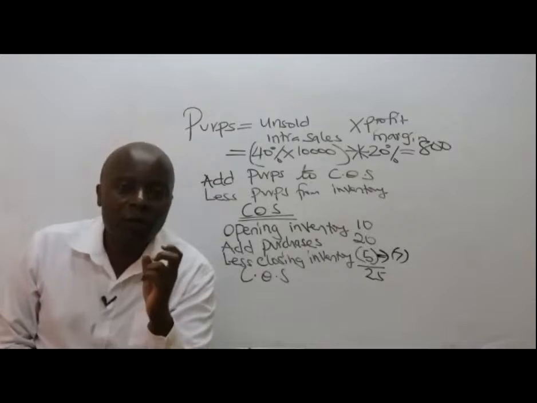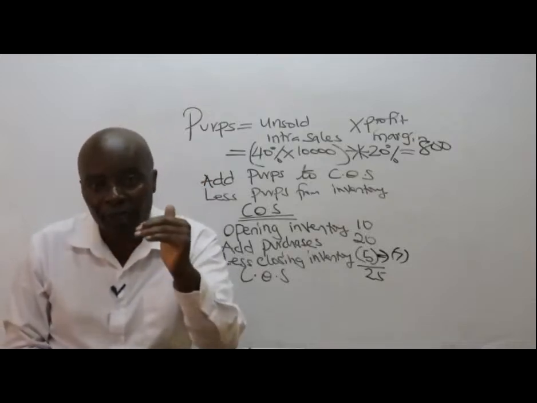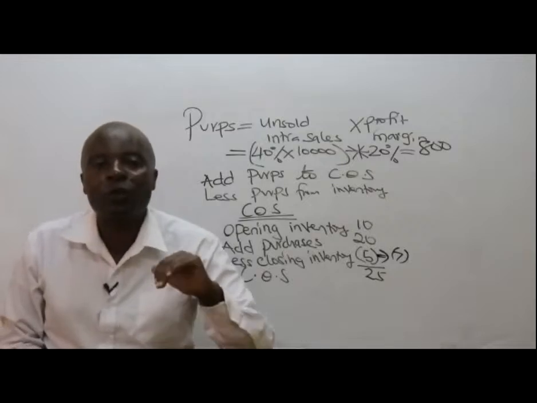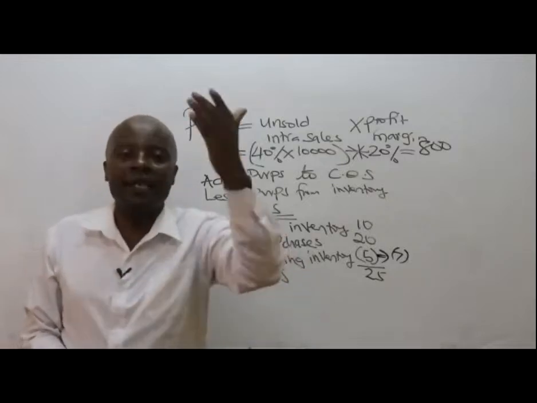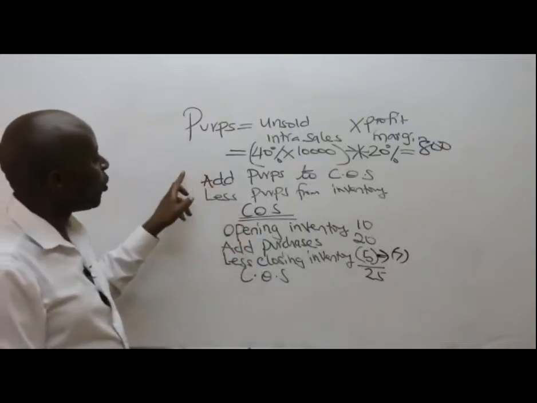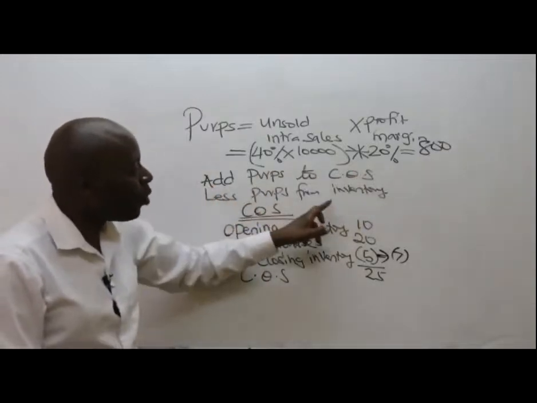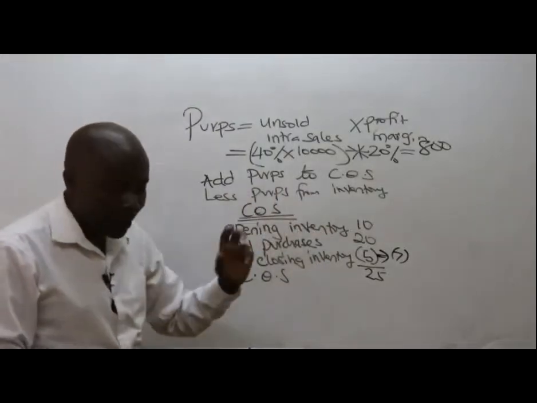And when you overstate your closing inventory, the cost of sales will be understated. That is why, to make good, we are increasing the cost of sales. So add the PAPs to cost of sales, and then you less PAPs from what here? From inventory. I hope you have been able to take that down.